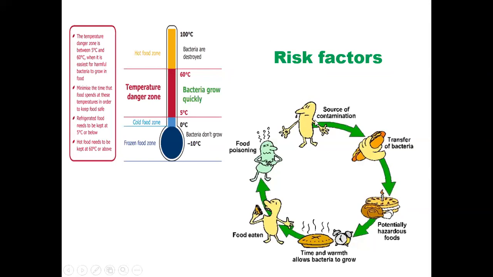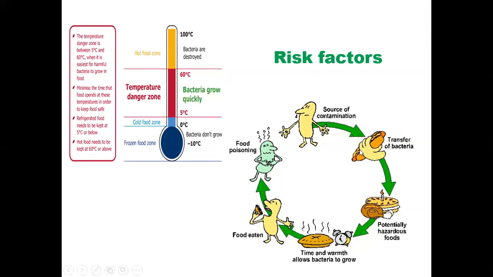So we have a food handler who is colonized. That person is regarded as the source of contamination. Then you have prepared food. So you are not likely to cook all over again. At best, the food is going to be reheated, but it's not going to be cooked all over again.